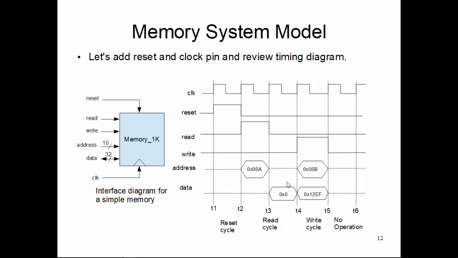So the rest of the world can go and pick up the read value between T3 and T4. Most of the time it is read here because it's more stable.